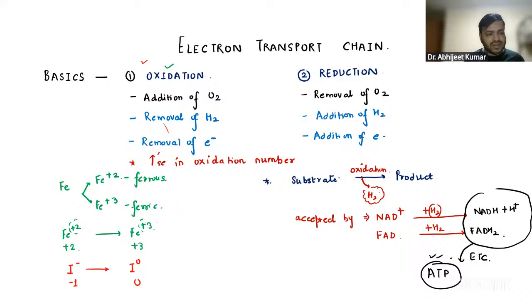Now, what are this NAD and NADH? These are something that are called redox couples. Let us now focus on some important definitions also in the basics only. We have something called a redox couple.